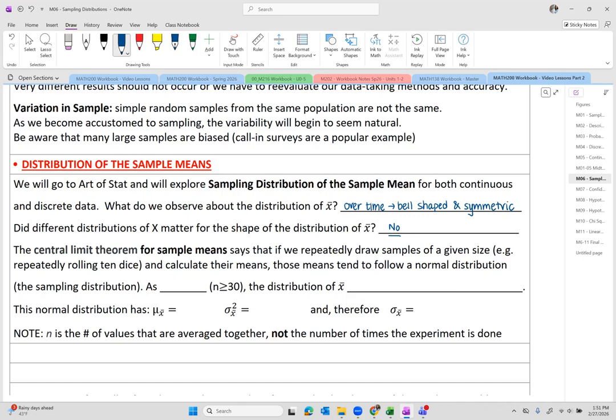So the central limit theorem says that as the size of your sample increases, so if you don't stick with samples of size 5, but you increase the sample, maybe make it 20, and ideally make it greater than or equal to 30, the distribution of the sample mean will tend to be a normal distribution.